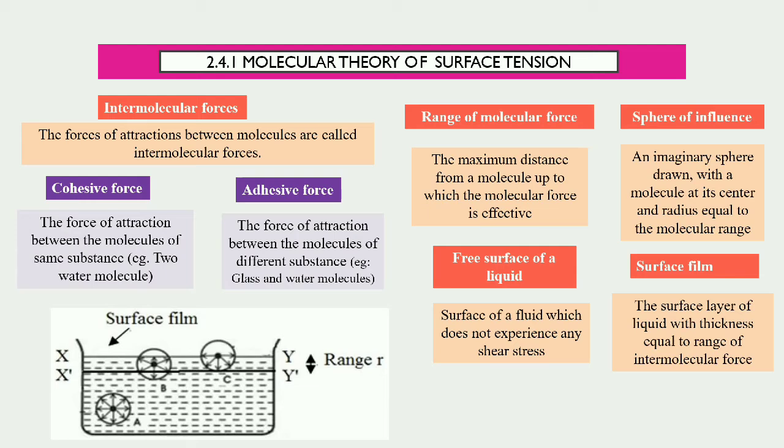The next term is the free surface of a liquid. The free surface of a liquid, which we already know, is in contact with the atmosphere or another medium. In this figure, the upper surface, which is the interface of liquid and air medium, is the free surface of the liquid. The free surface of a liquid does not experience any shear stress. Similarly, the surface film is the surface layer of liquid with thickness equal to the range of intermolecular force. You can observe in the figure that XY, X'Y' has the range of intermolecular force, so this is the surface film. Just below the free surface, the distance equal to the range of intermolecular force is known as the surface film.